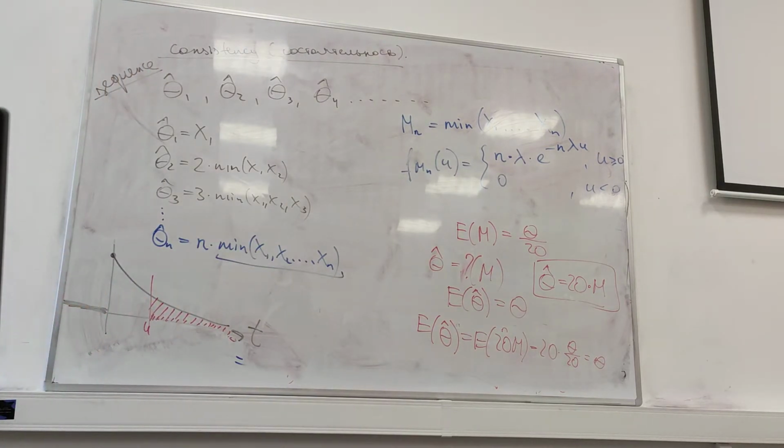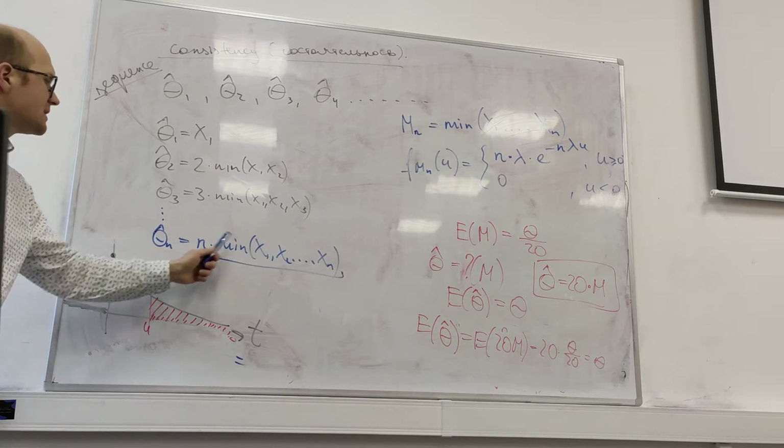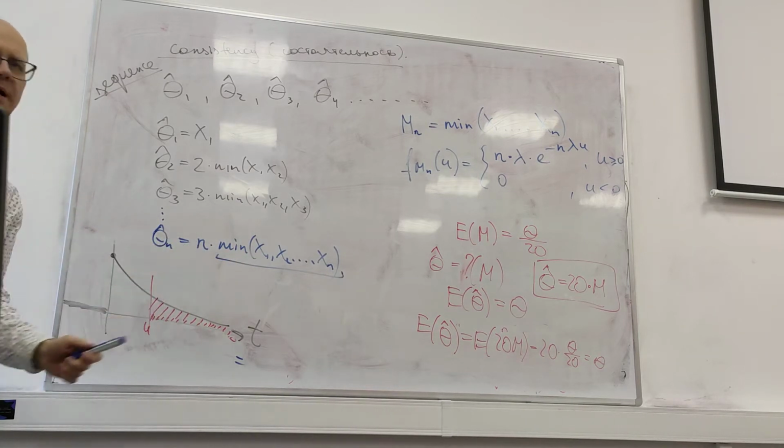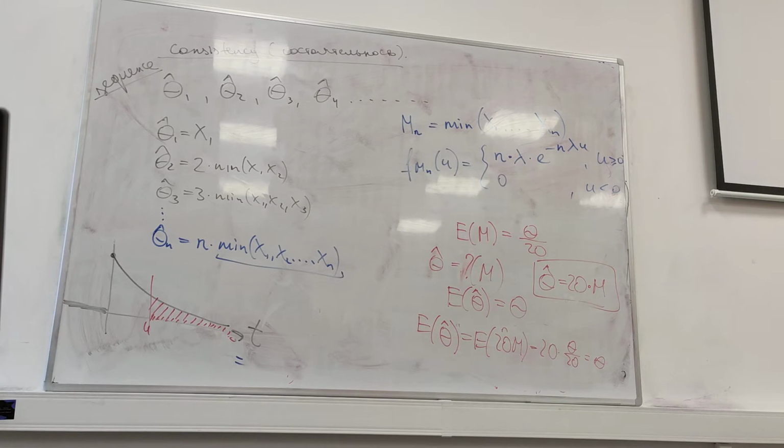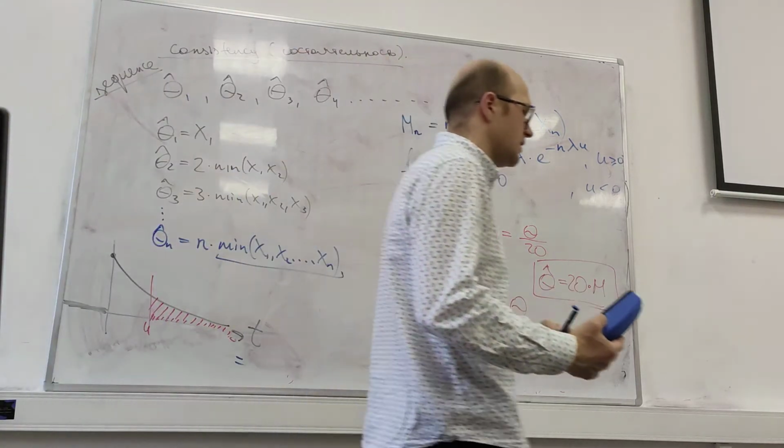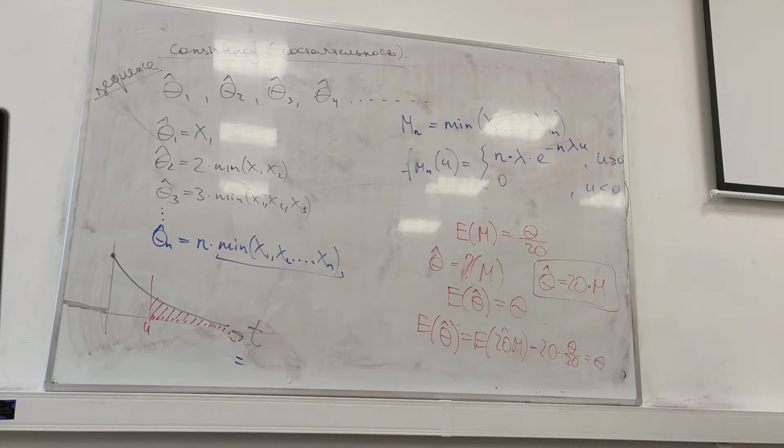How does the density function change when I multiply the random variable by a constant? What happens with the density function when I multiply a random variable by a constant? It's a good question because, if you understand, it decreases faster.